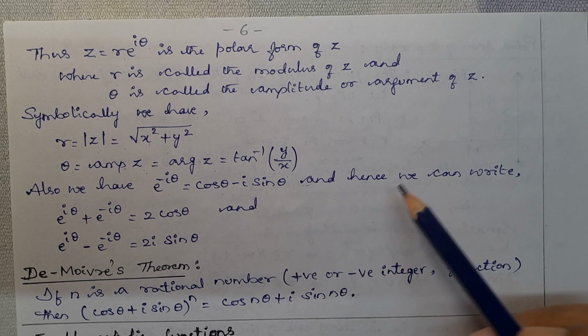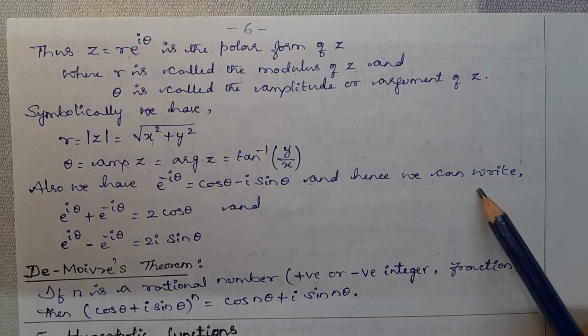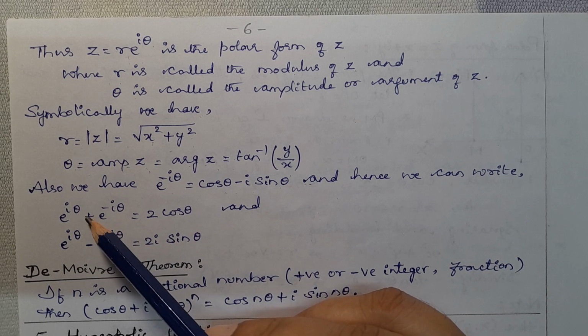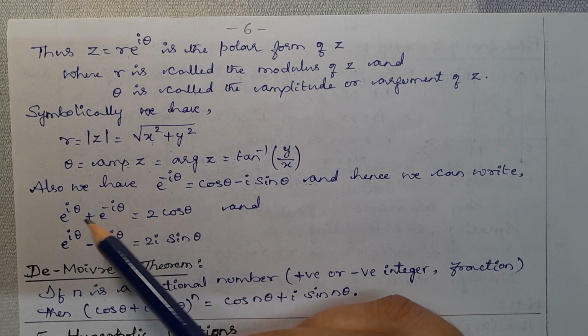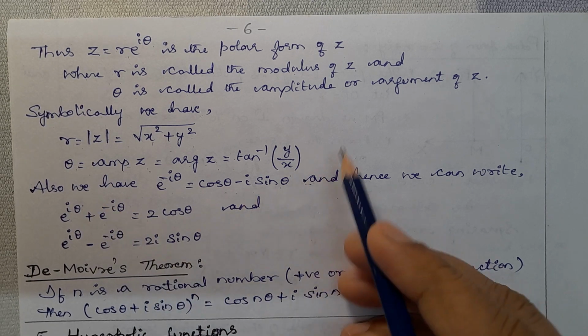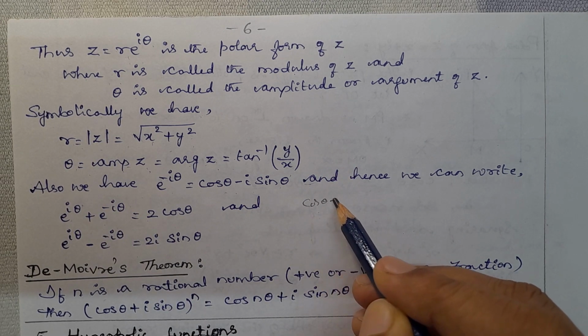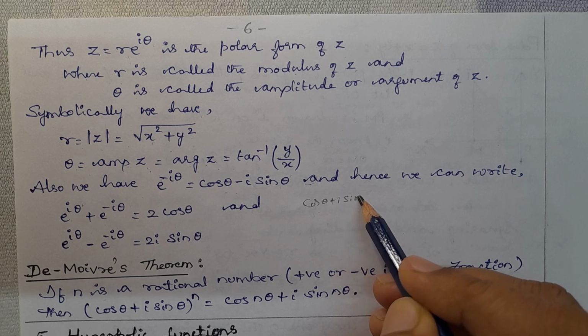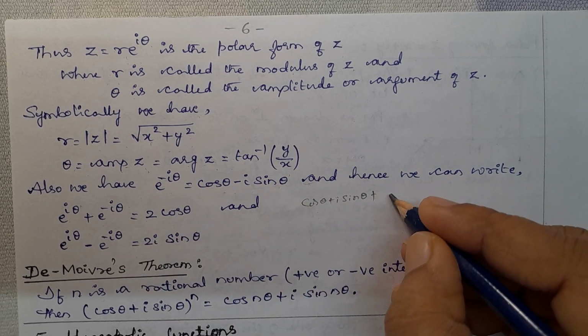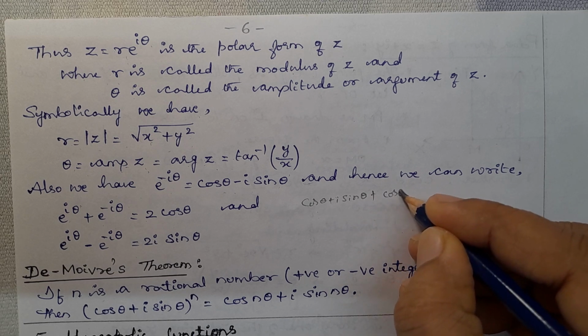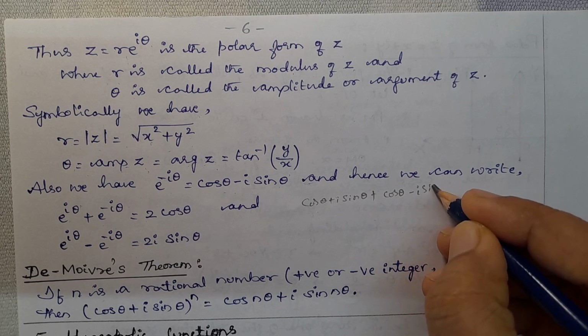And hence we can write e power of i theta plus e power of minus i theta equal to cos theta plus i sin theta plus cos theta minus i sin theta.